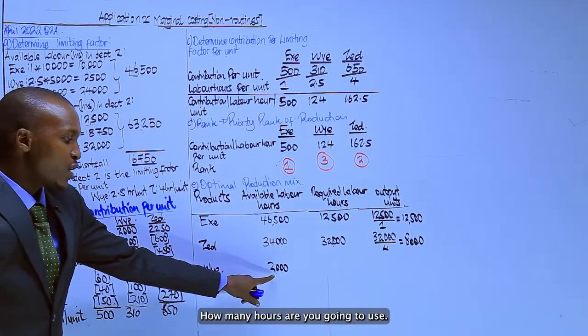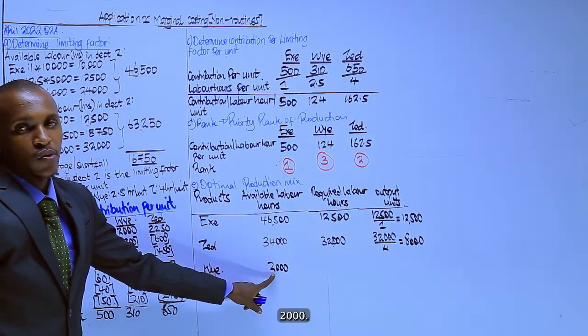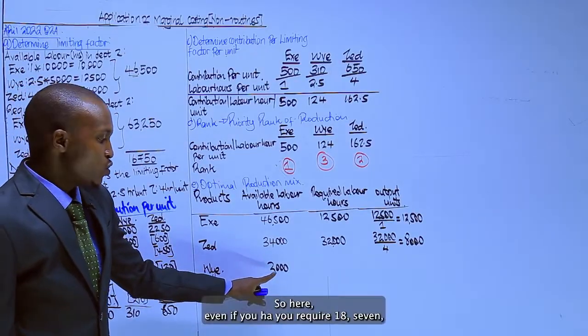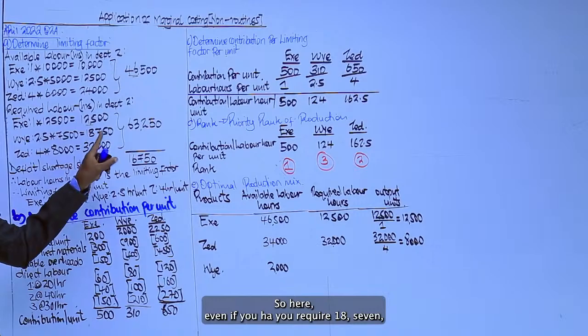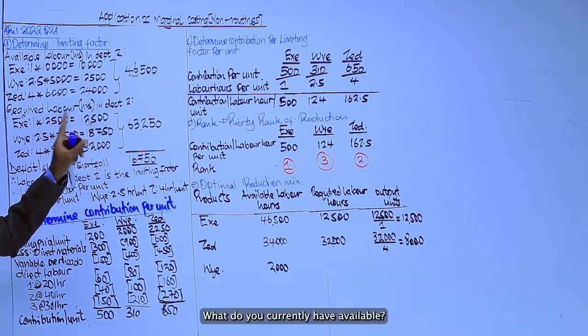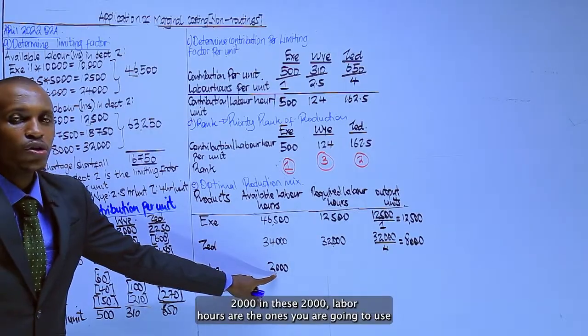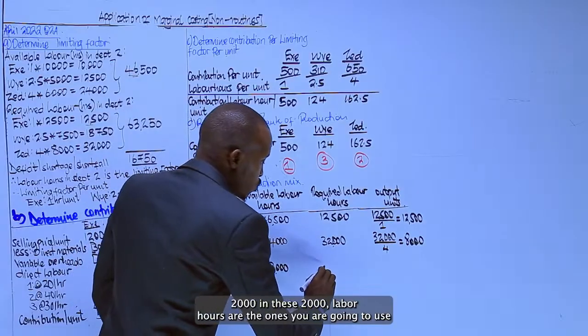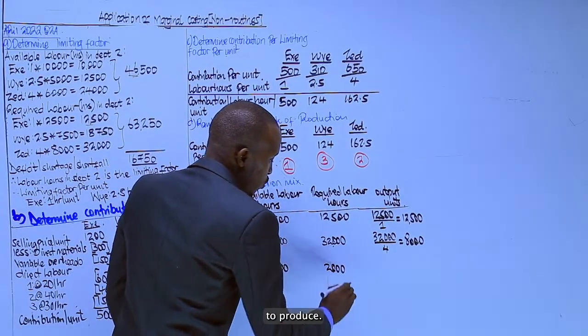Remember, you can only use what you have, which is 2,000.